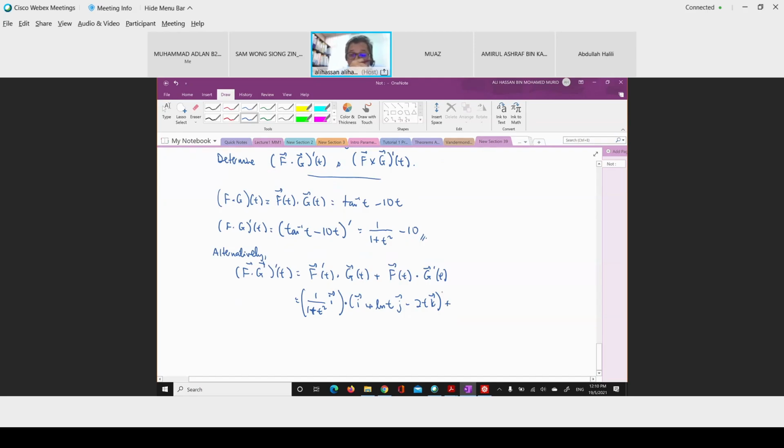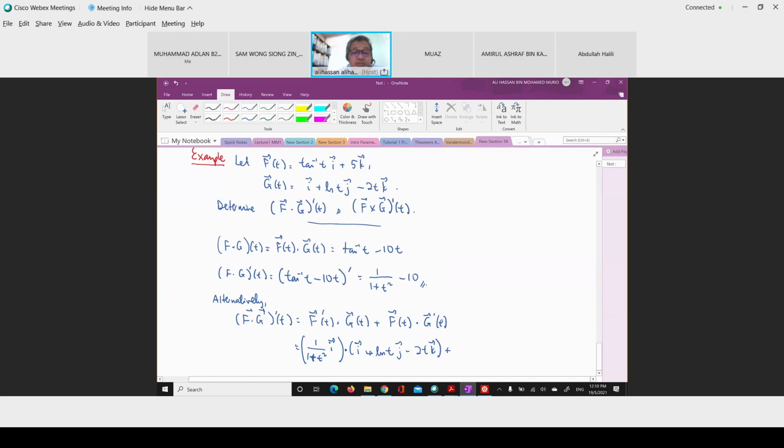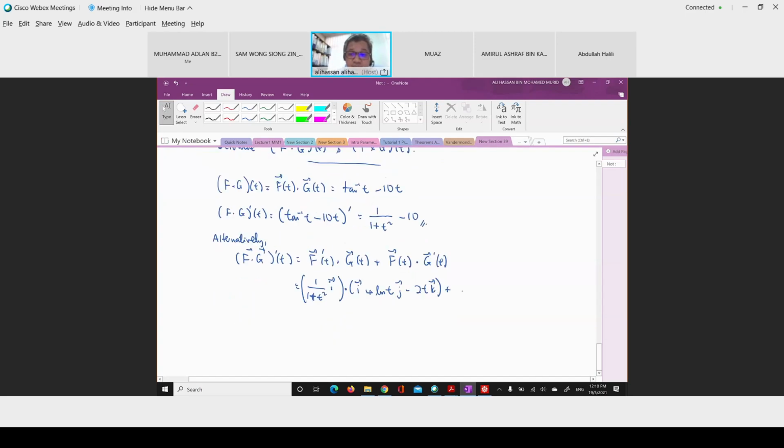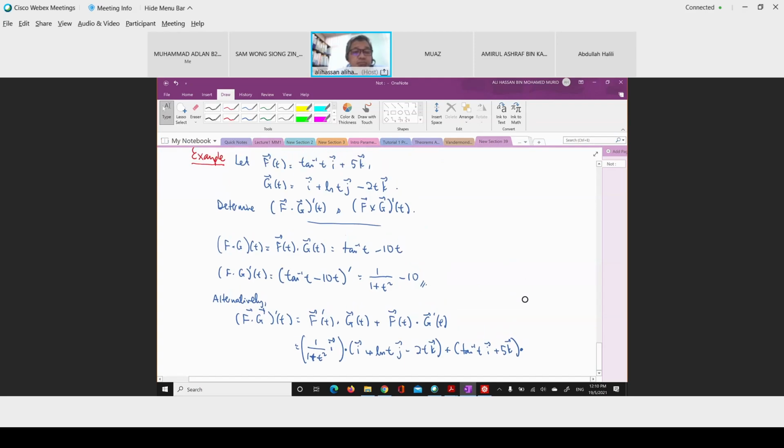And then plus F of t dot G prime of t. Now F of t is the inverse tangent t i plus 5k, dot product with G prime. What is G prime? Let me write it down here.